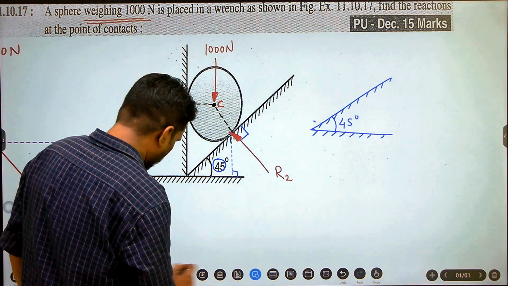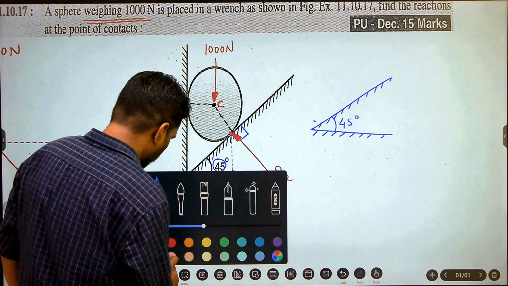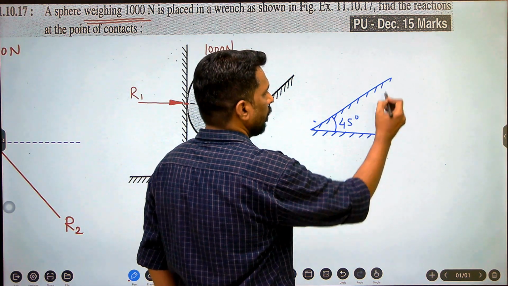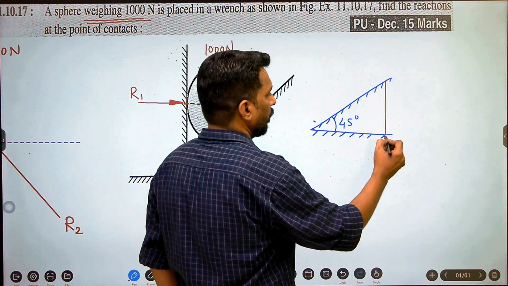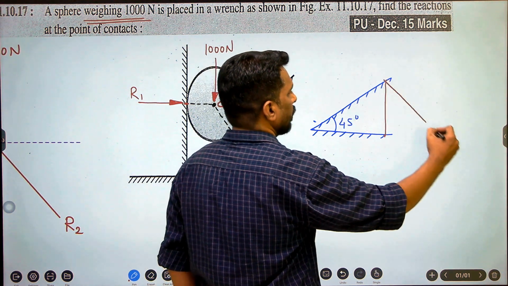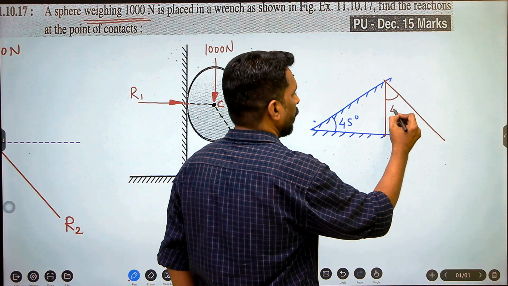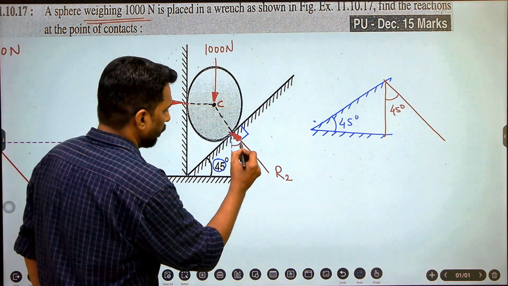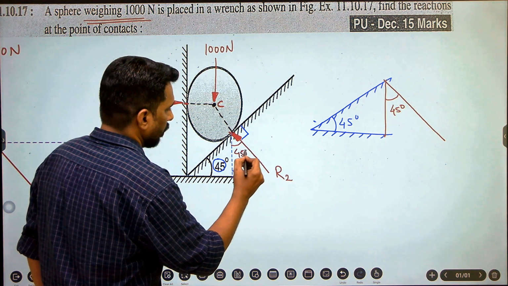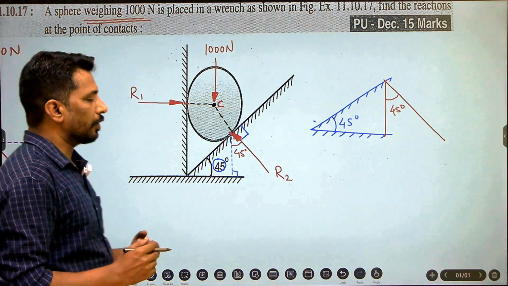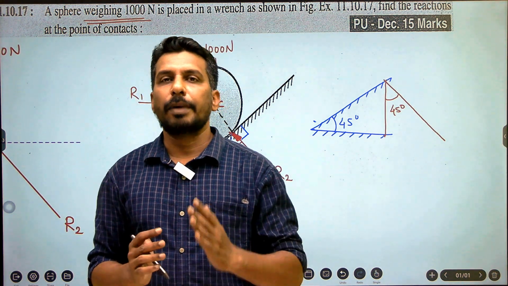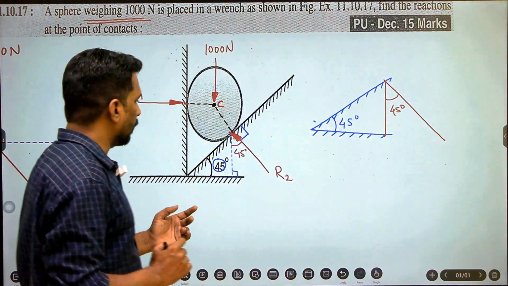If I draw the perpendicular here, the horizontal's perpendicular is vertical, and for this surface the perpendicular is like this. So this is 45 degrees. Two perpendiculars always have the same angle.